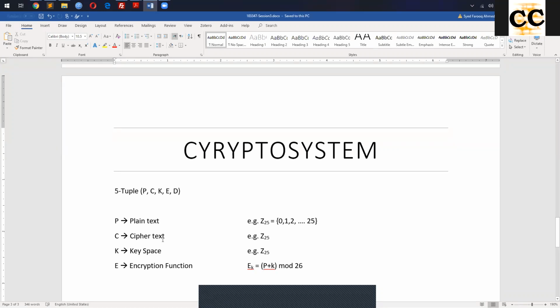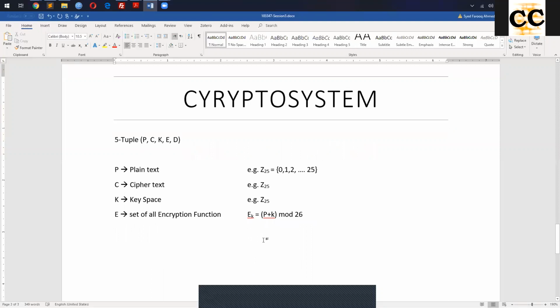Actually, E is the set of all encryption functions. So there can be more than one encryption function, and here our encryption functions vary with the key. So whatever key we are taking, the encryption function is P plus K.